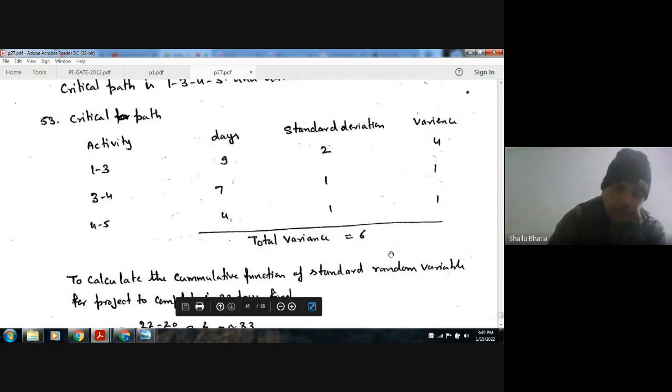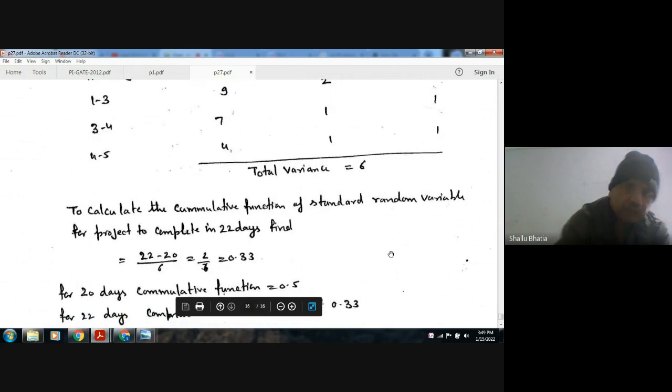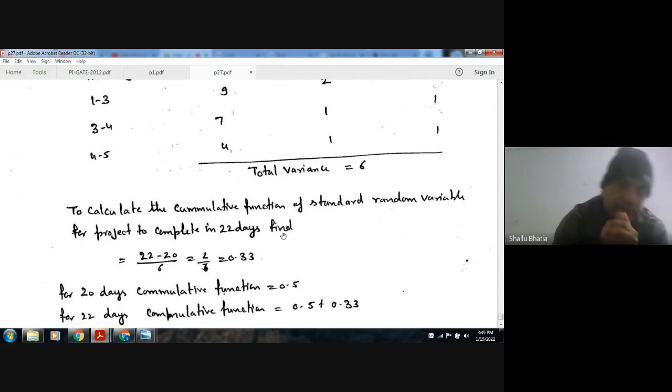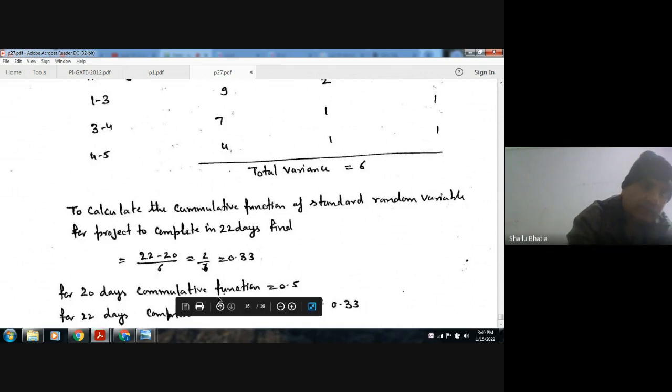Now to calculate the cumulative function of the standard random variable for the project to be completed in 20 days. The project completes in 20 days with probability just 0.5, so the cumulative function is 0.5.